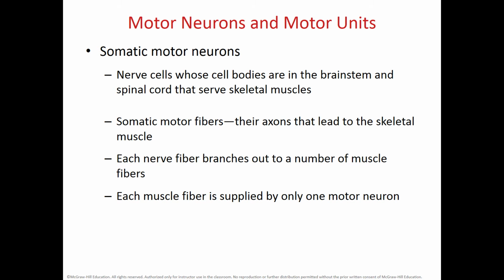And these will be nerve cells whose cell bodies are located within the brainstem and the spinal cord that serve skeletal muscles. And then the somatic motor fibers and their axons lead to the skeletal muscle. And each nerve fiber branches out to a number of muscle fibers. And each muscle fiber will be supplied by only one motor neuron.